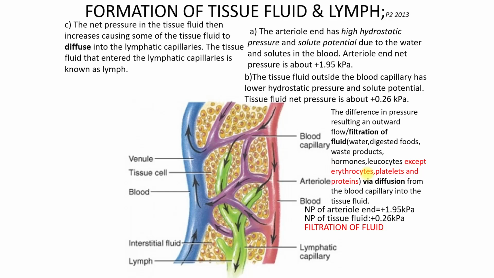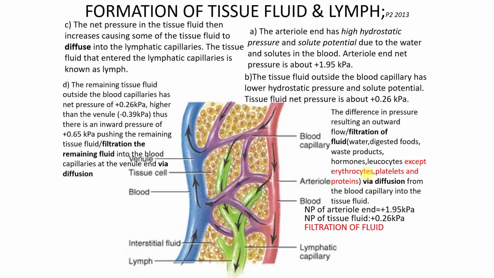Now the net pressure in the tissue fluid then increases, because of the diffusion of fluids from the arterial end into the tissue fluid. So eventually the net pressure in the tissue fluid will build up. Now this will cause some of the tissue fluid to diffuse into the lymphatic capillaries. So the tissue fluid that entered the lymphatic capillaries is known as the lymph.